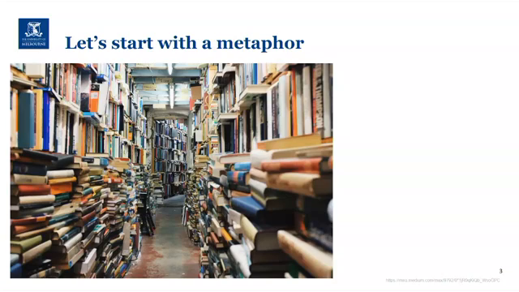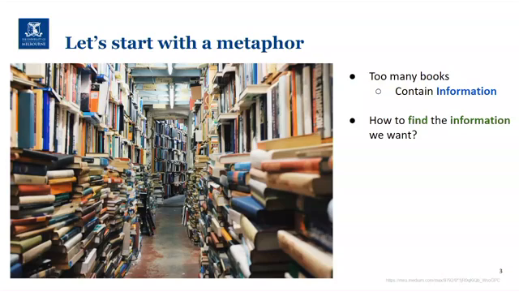So you are in a library, and you need to find a specific piece of information. The main problem is we have too many books, too many books, not enough time. And books contain the information you want. Basically, the question we want to ask is, how do we find the information we want, and how do we do it quickly?